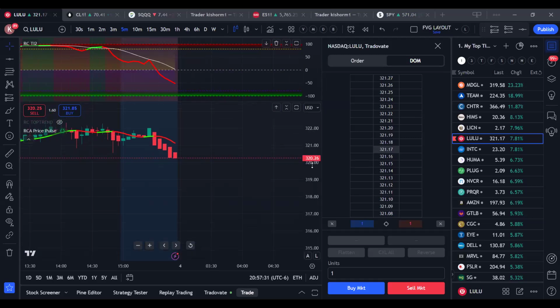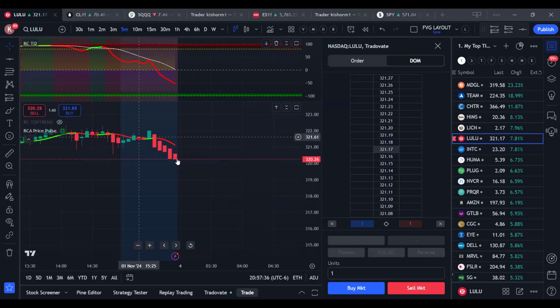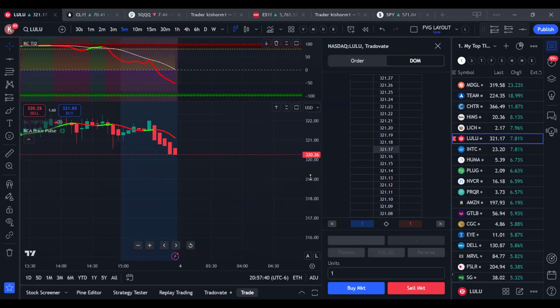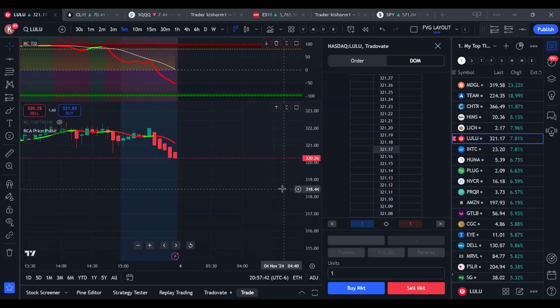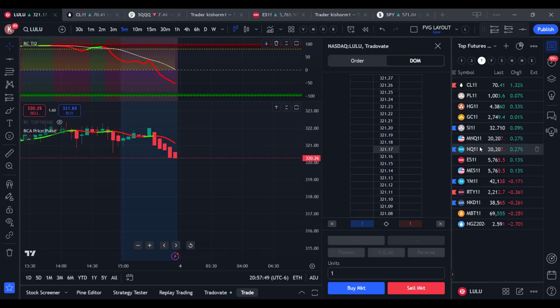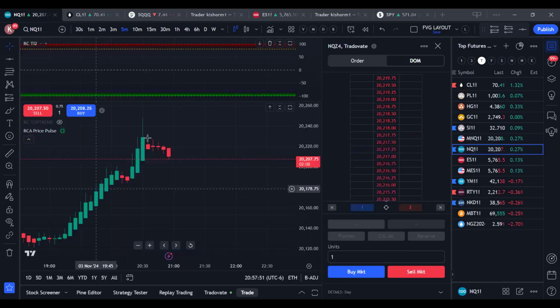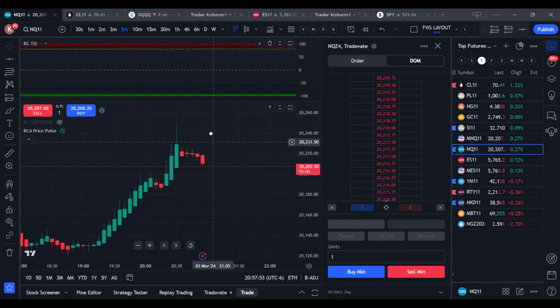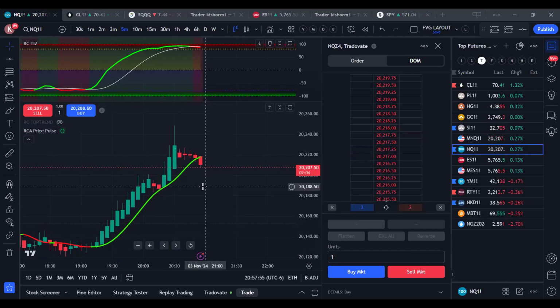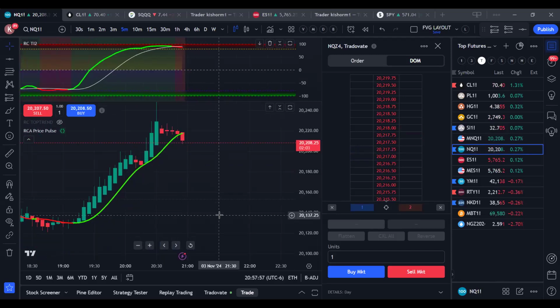Tomorrow I'll show you in the live session how the market makers will try to create the panic, and then how they will take the market up and down. So today also you can see, in case they take NQ all the way up in Europe, then in the US market they will bring it down.